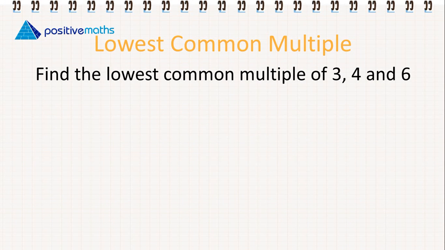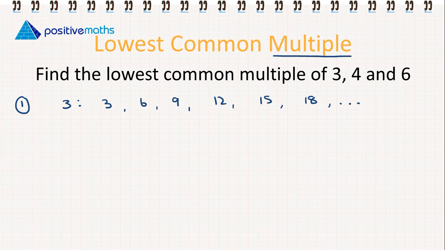For our next example, we're going to work from scratch to find the lowest common multiple of 3, 4, and 6. So again, the first thing we're going to do is find the multiples for each number. So for 3, we have 3, 6, 9, 12, 15, 18. I'm going to stop there and put dots to show that we know it continues on.